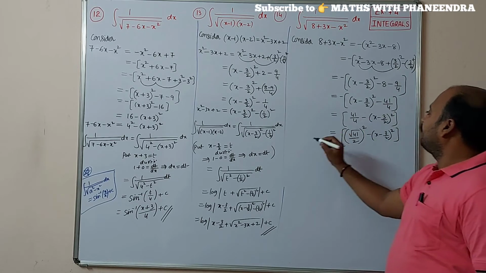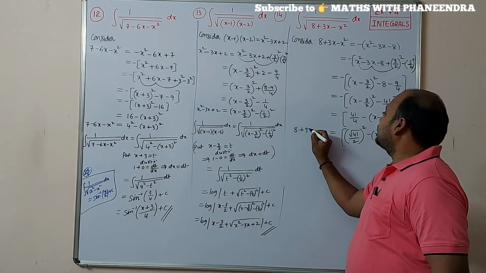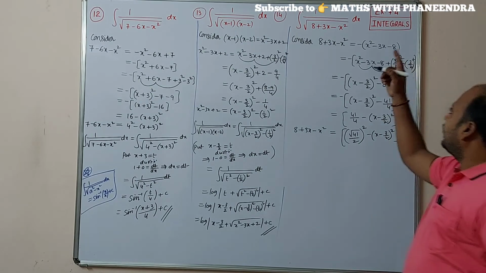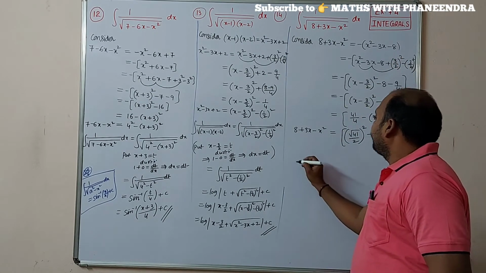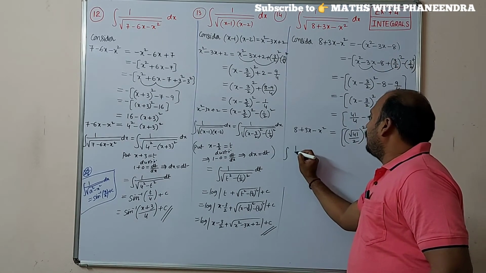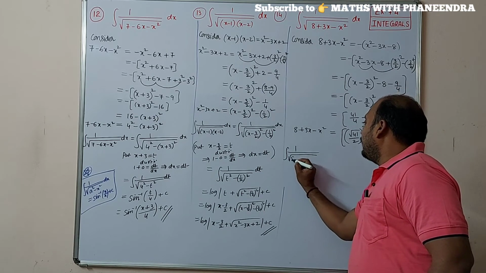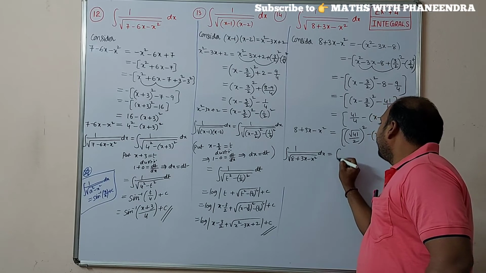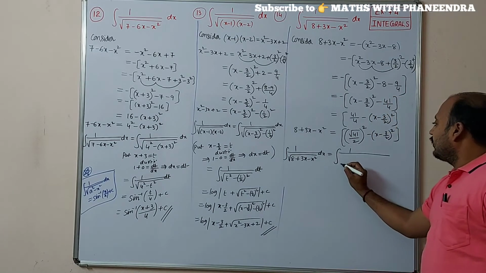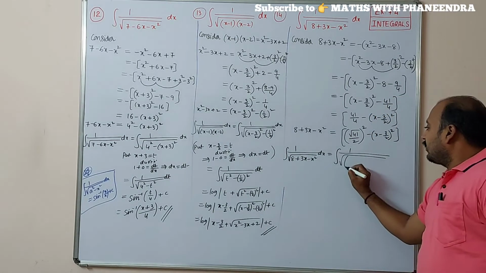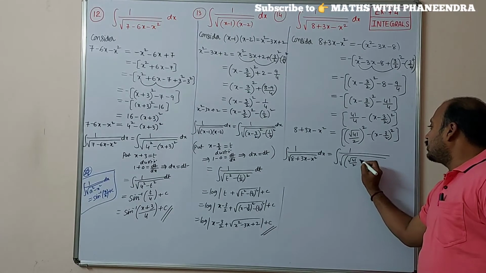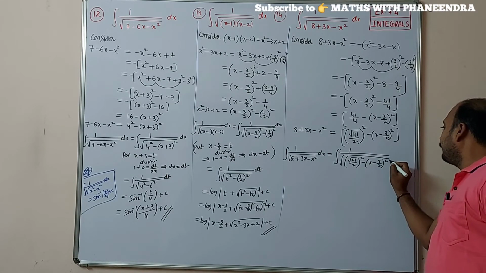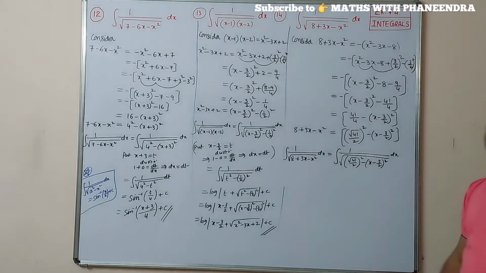So wherever 8 plus 3x minus x square is there, you have to replace with this value. And come to the question. Integral 1 by root over 8 plus 3x minus x square dx is equal to integral 1 by root over root 41 by 2 whole square minus x minus 3 by 2 whole square into dx.